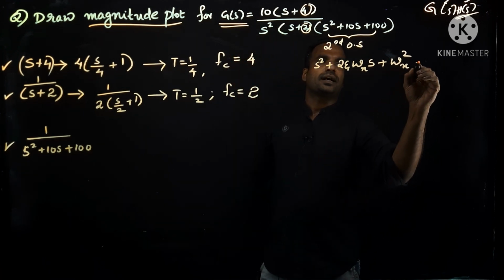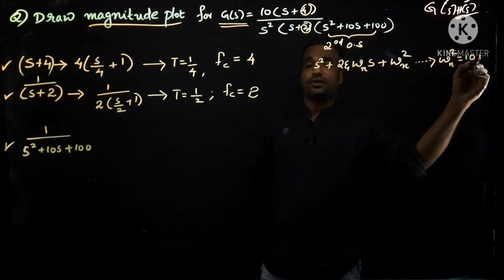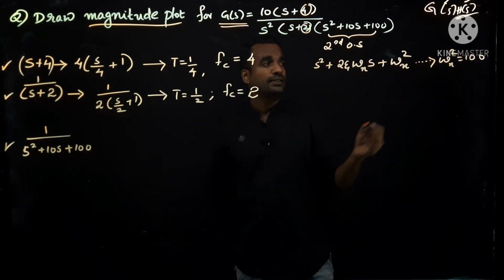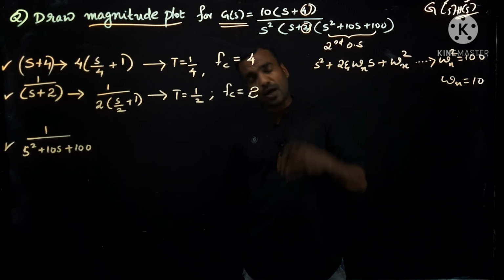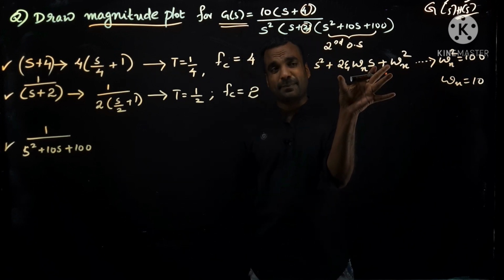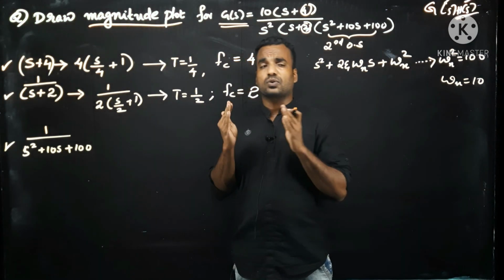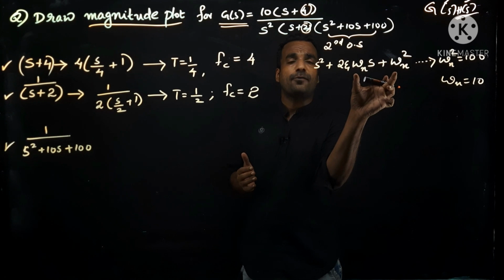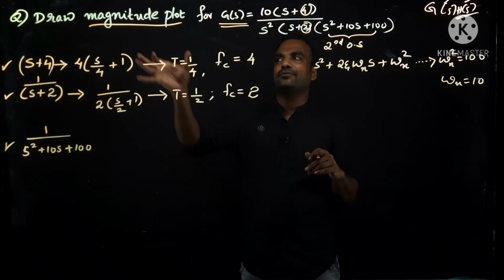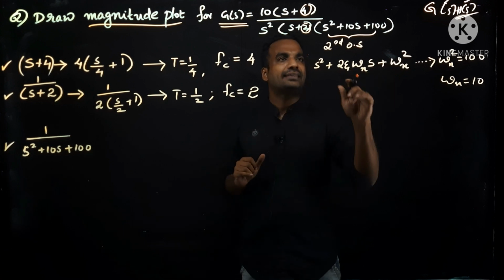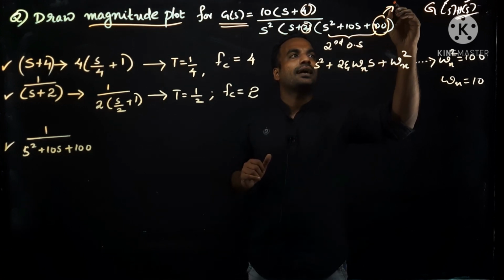So from this I get that omega n square is equal to 100. Is it okay? Then what is omega n? Omega n is equal to 10. Now this is a standard representation, but for drawing the Bode plot, I have to arrange this into another form that is known as the standard form for Bode plot. In that standard form, I have to make this 100 as 1.